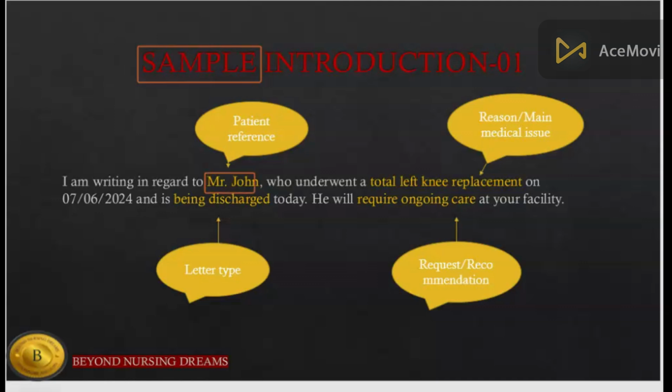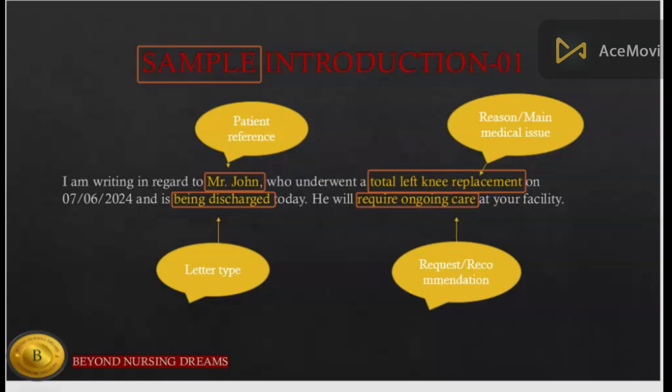This is patient reference, who underwent a total knee hip replacement. This is main medical issue or the reason on 7th June 2024 and is being discharged today. It is type of the letter. He will require ongoing care at your facility. This is my request or the recommendation.